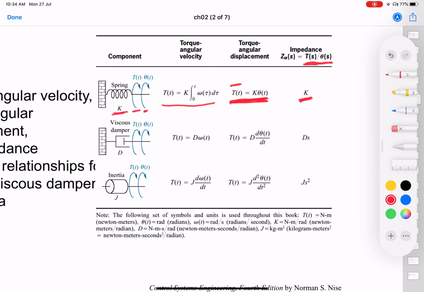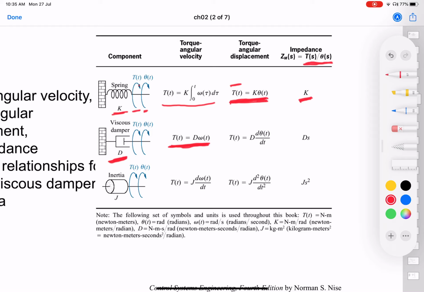In a similar way, you have this viscous damper, which is denoted by D, a simpler relationship. T of t is equal to D omega of t, right? So the torque that has to overcome the viscous friction, the viscous friction is proportional to the angular velocity of this piston that you're trying to rotate.